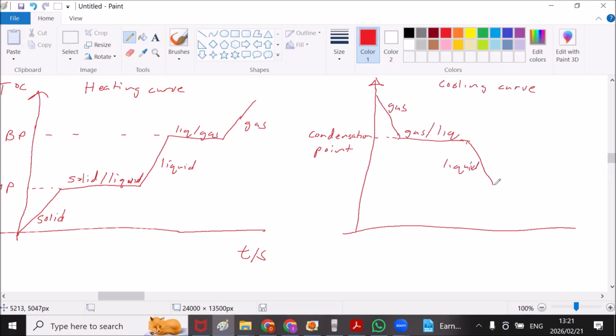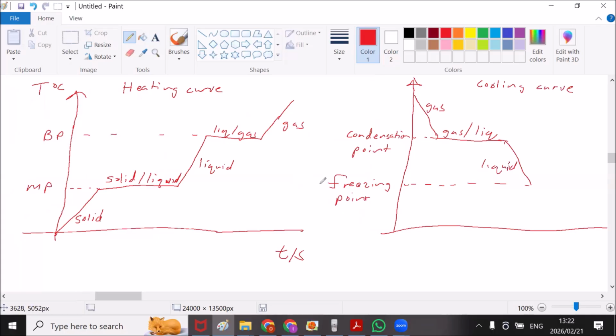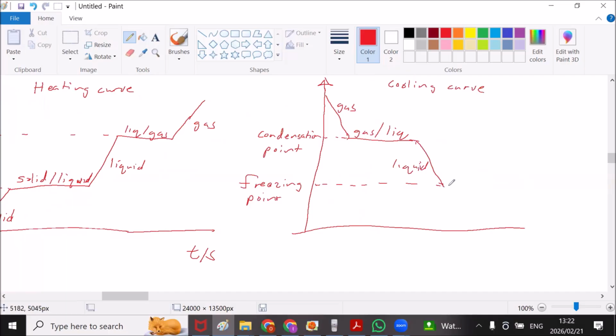Now, at a particular temperature known as the freezing point, which is the same as the melting point for that particular pure substance, the temperature remains constant and solid forms. When all the liquid has turned to solid, the temperature starts falling.